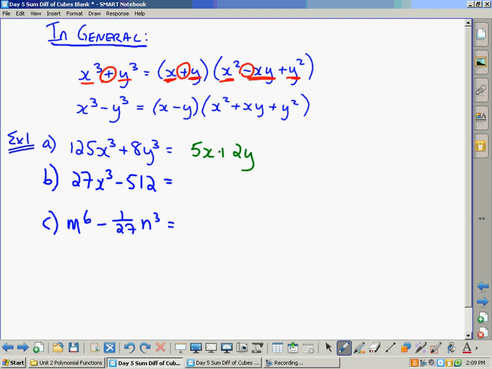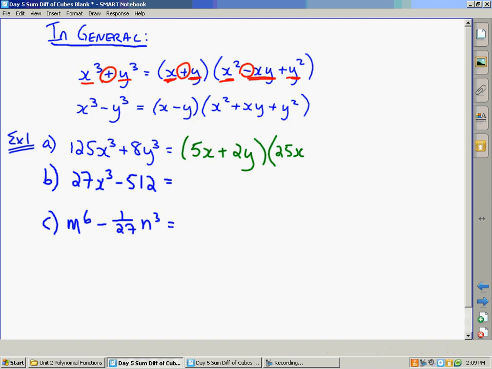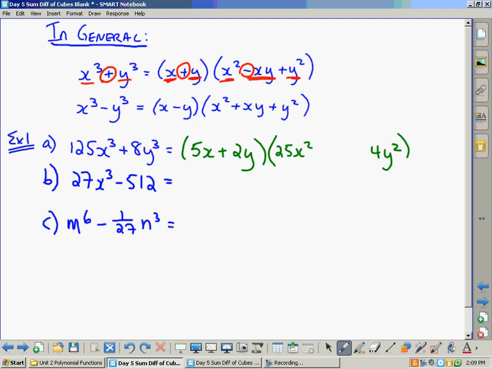The sign is the same. Now I have those answers. I'm going to square them. So 5x squared is 25x squared. 2y squared, that's going to go at the end, is 4y squared. In between, I got to multiply them. 5 times 2 is 10, so it's 10xy. And this sign is going to be opposite.